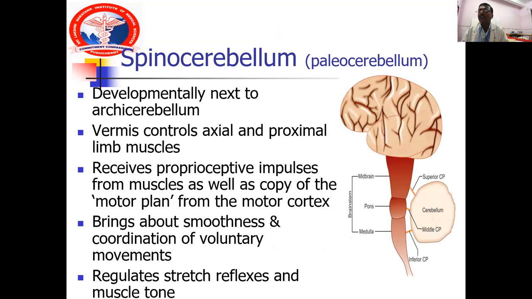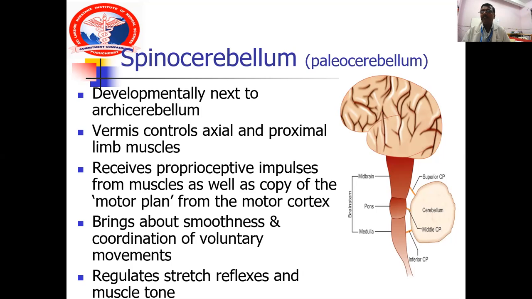Now we are coming to the spinocerebellum, also called the paleocerebellum, developmentally next to the archicerebellum, and vermis, which controls the axial and proximal limb muscles, and it receives the proprioceptive impulses from the muscles as well as the copy of the motor plan from the motor cortex, and it brings about the smoothness and coordination of the voluntary movements, and it regulates the stretch reflexes and muscle tone.